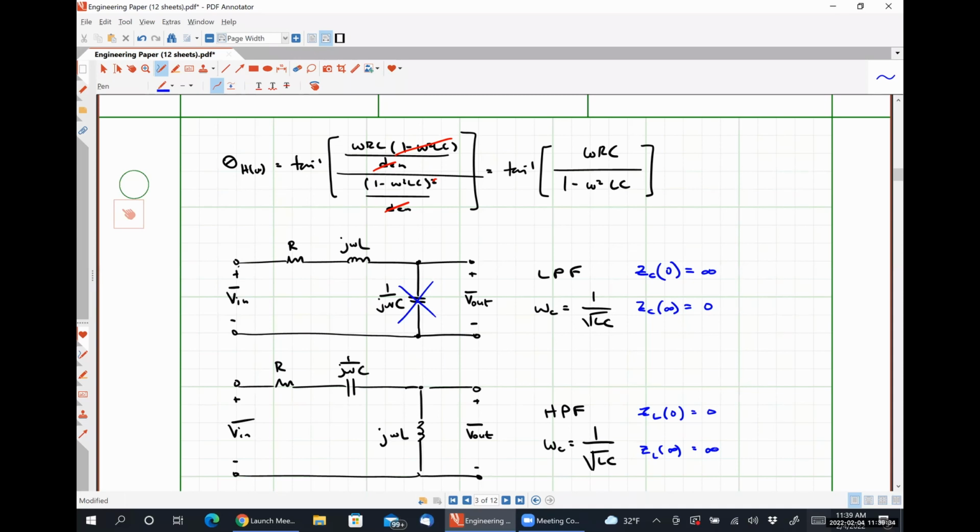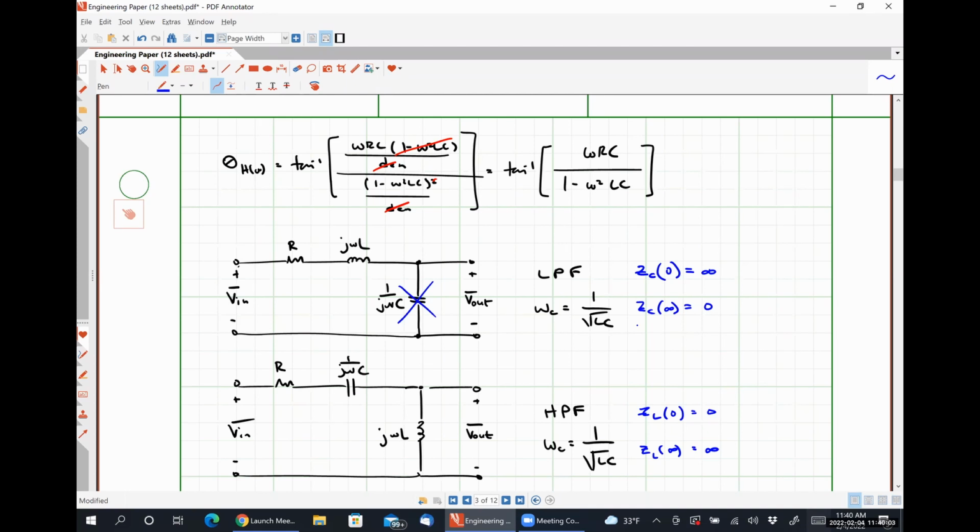So for the low pass filter, as the impedance of the capacitor gets smaller and smaller and smaller, the voltage that we see at the output gets smaller and smaller because of Ohm's law, up to such a point where we're at a frequency high enough that the voltage drop over the capacitor is essentially 0.